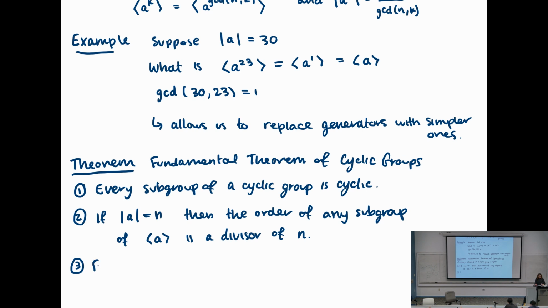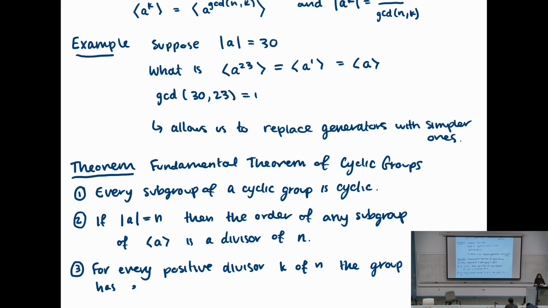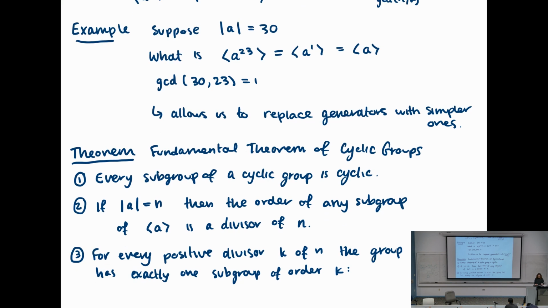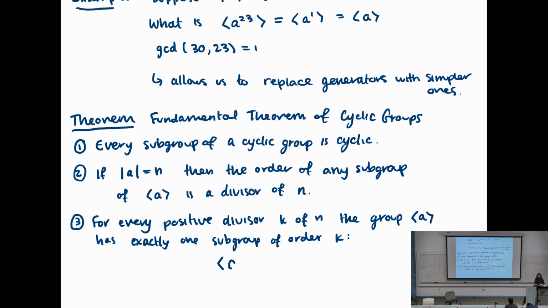So it says that for every positive divisor, let's call it K, of n, the group generated by A has exactly one subgroup of order K, and it is the group generated by A to the n divided by K.